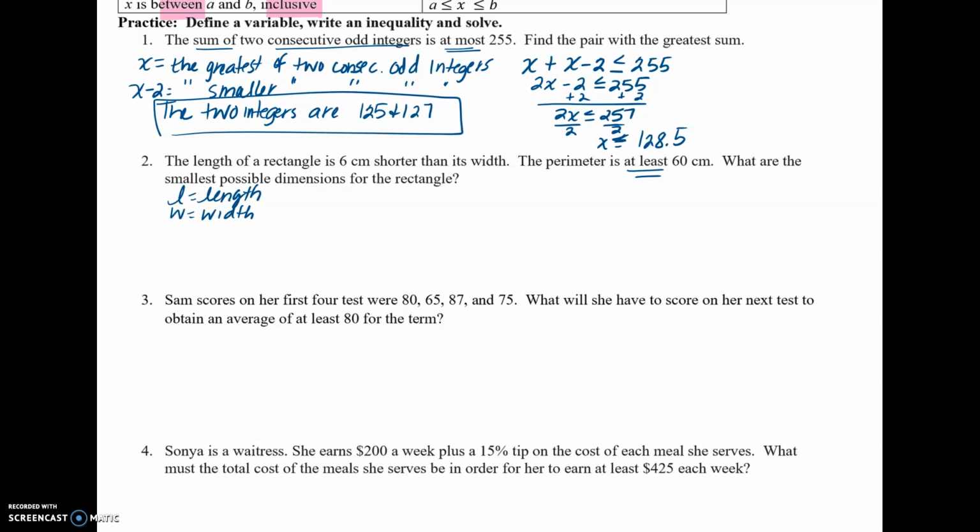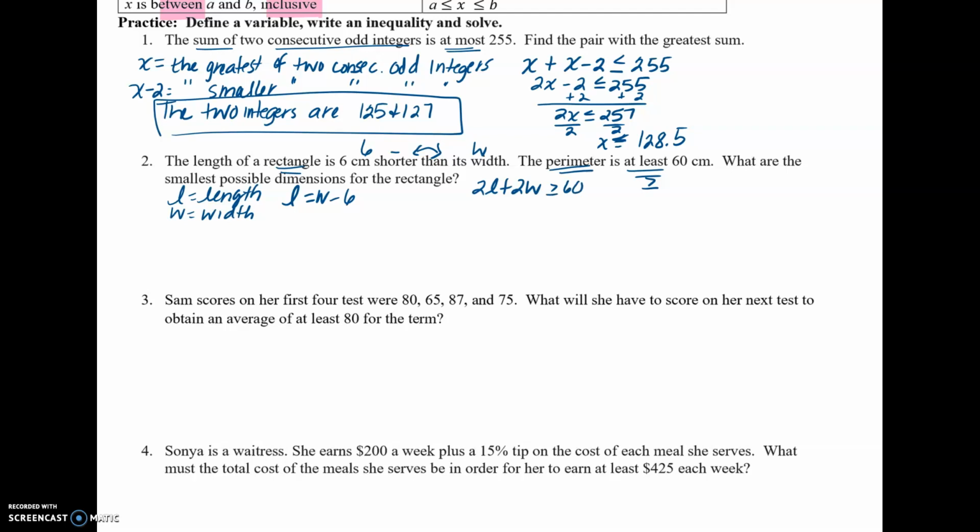The length of a rectangle is, so L is 6 centimeters shorter than the width. So that's going to be W minus 6. We know that the perimeter of a rectangle is twice the length plus twice the width, and it says at least. At least means greater than or equal to 60.